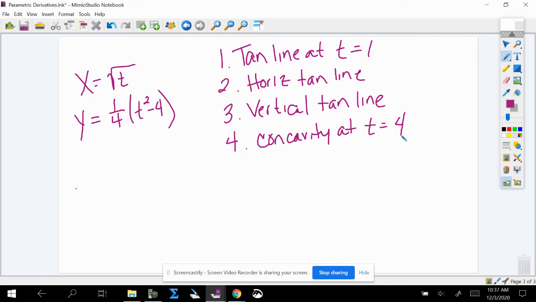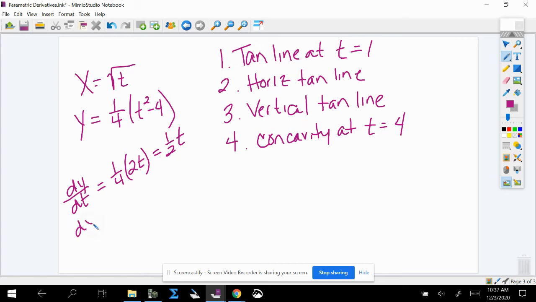Most of the focus here is going to be on the first derivative. For my dy/dt, I can keep the 1/4 out front and take the derivative of what's in parentheses. The derivative of t squared minus 4 is 2t, so dy/dt is 1/2 t.